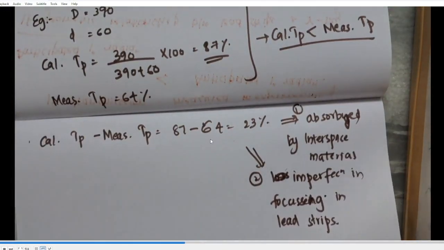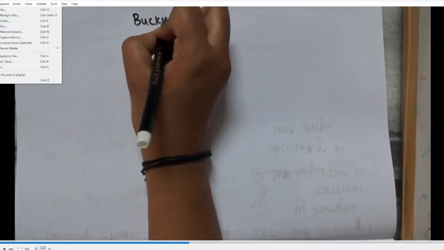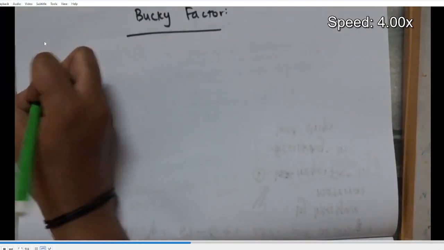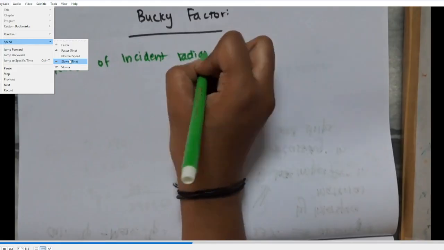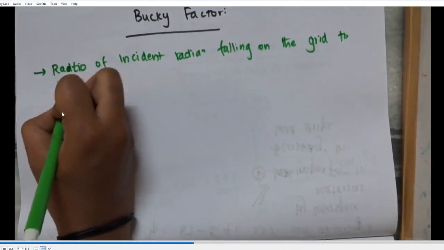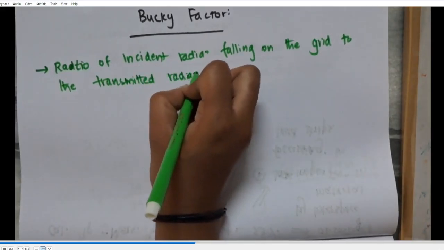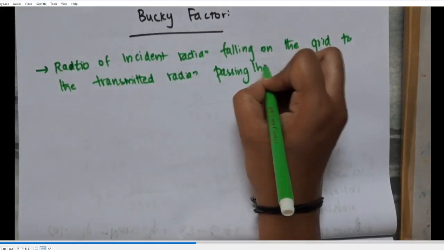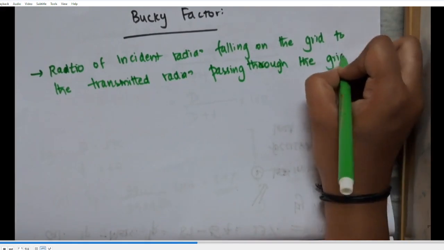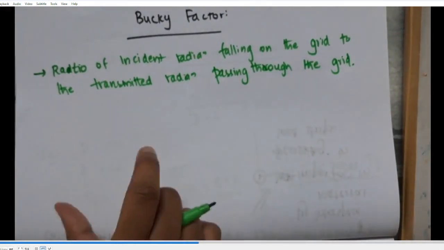Then the next parameter for evaluation of grid performance is the Bucky factor. The Bucky factor is the ratio of incident radiation falling on the grid to the transmitted radiation passing through the grid.